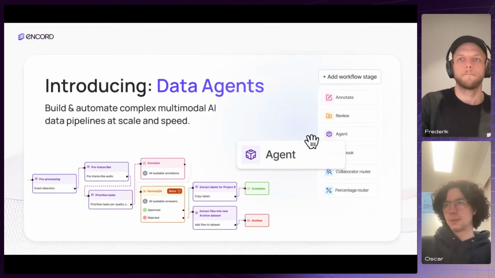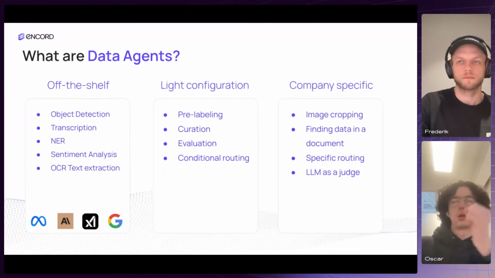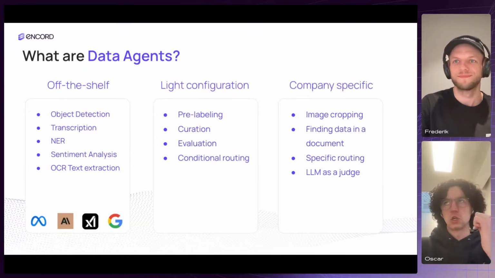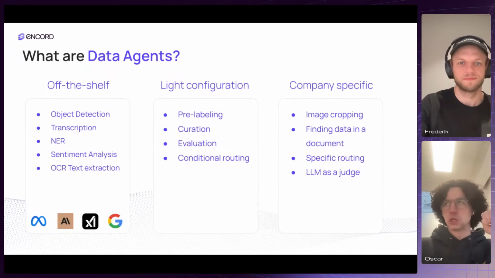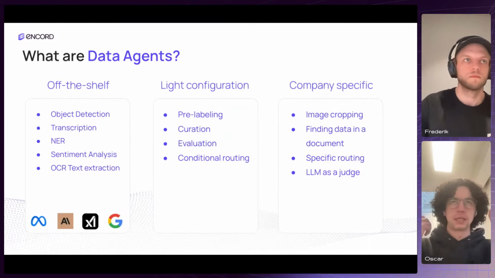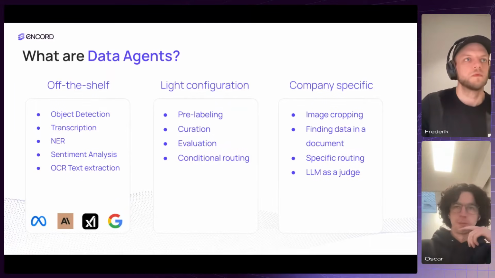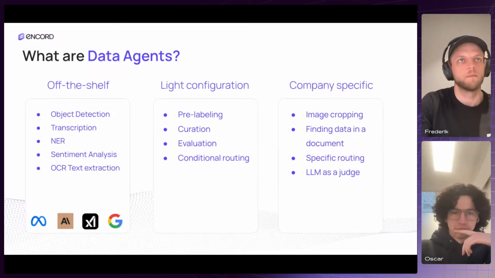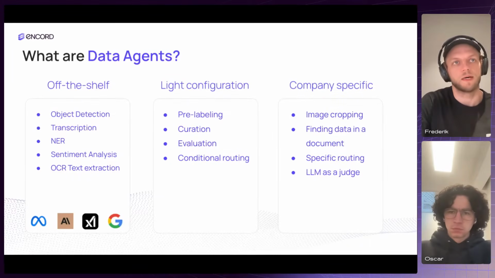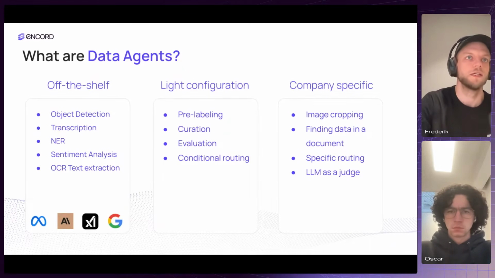So when we're thinking about the data agents, what are some specific examples? I know you've just highlighted some, like diarization and named entity recognition, but what are some of the examples we've seen internally? Well, first of all, we've seen a lot of examples, and some of them are what I would call off-the-shelf examples.